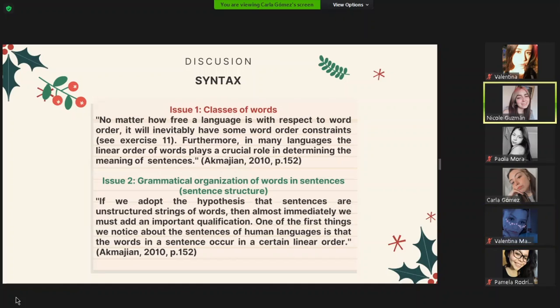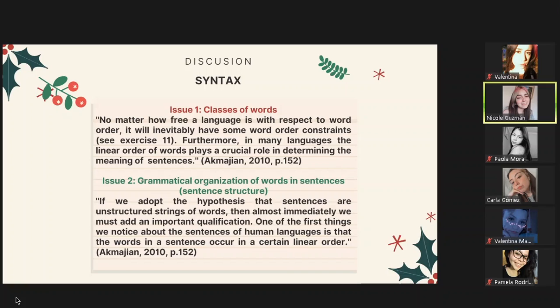Well, in syntax, we also have two issues, in which we discuss the classes of words. And as Akmajian explains, no matter how free a language is with respect to word order, it will inevitably have some word order constraints. Furthermore, in many languages, the linear order of words plays a crucial role in determining the meaning of sentences.